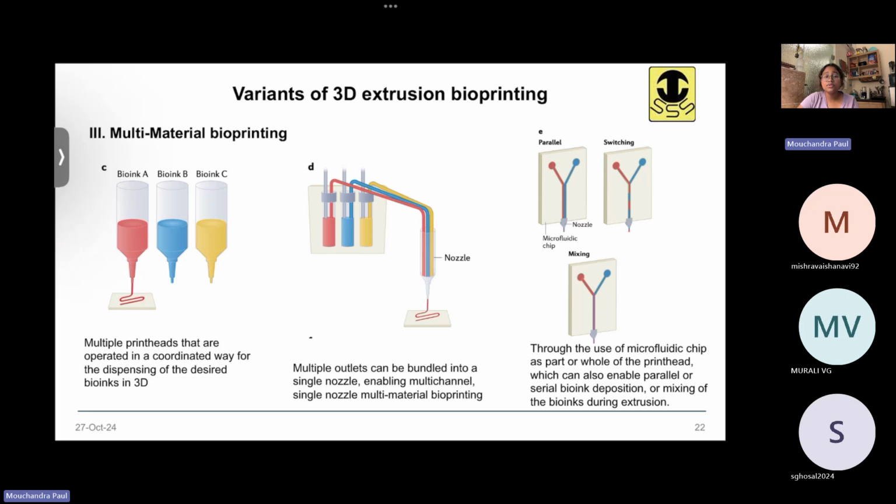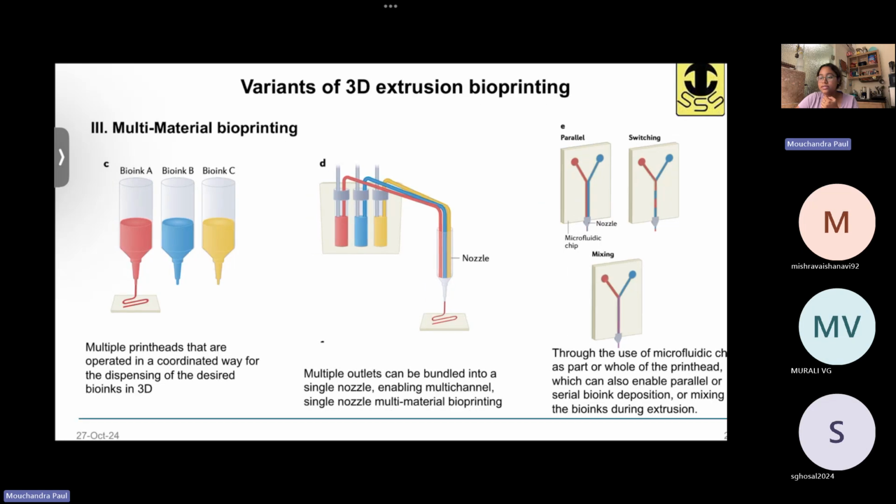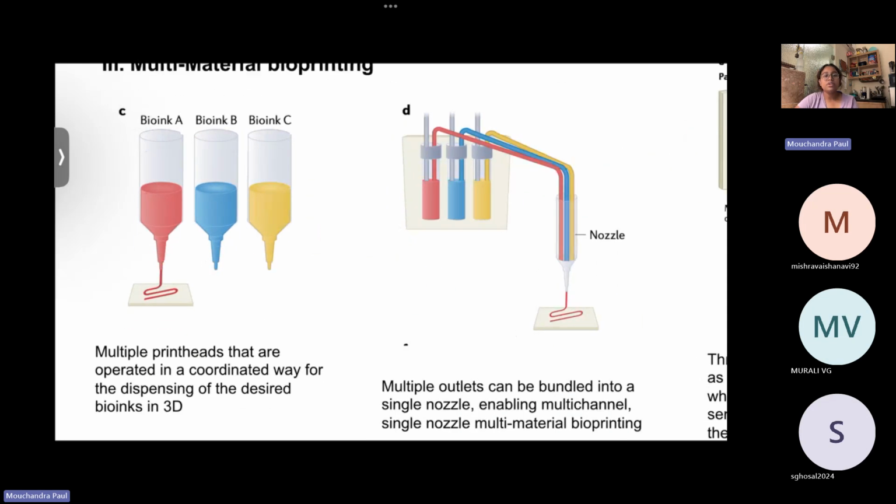Now, you can use multiple materials at a time in bioprinting as well, like in this method. This is called multi-material bioprinting. So different configurations people have adopted. The first one that sounds very easy is that if your machine has, let's say, 3-4 printheads, and you load different materials like Bioink A, B, C in the 3 printheads, and you program your G code in such a way that each layer can be printed by a different Bioink.